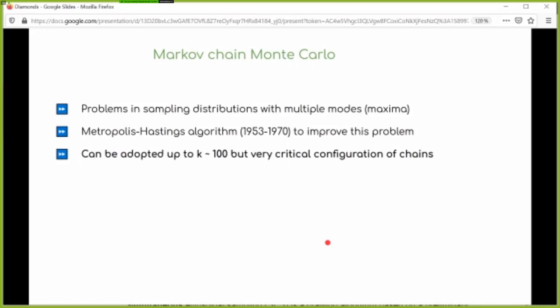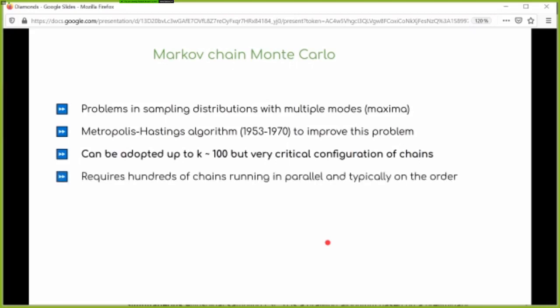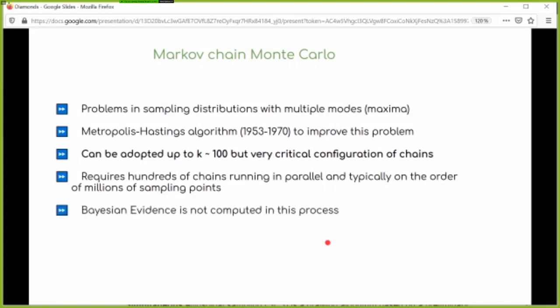And it requires hundreds of chains running in parallel and typically on the order of millions of sampling points. And the Bayesian evidence, the thing we want here, is not computed in this type of process.